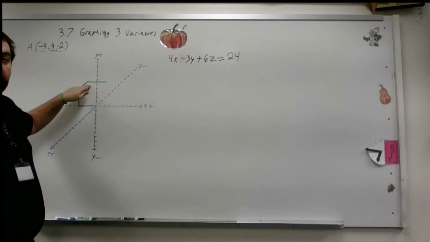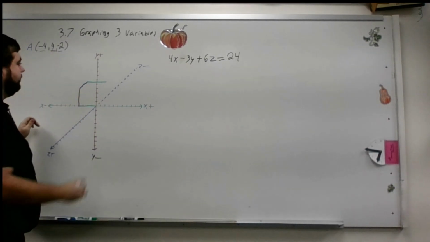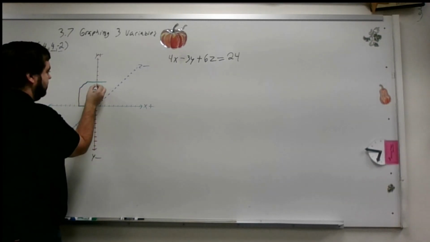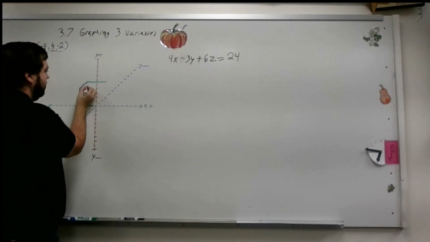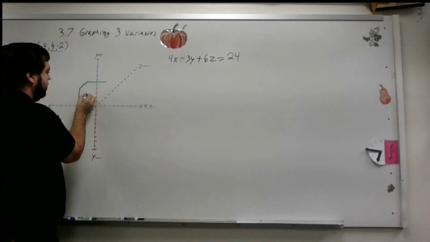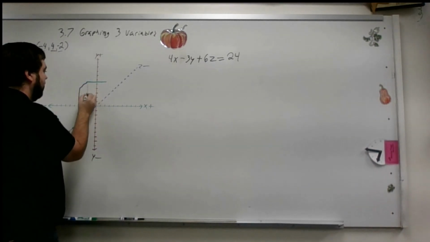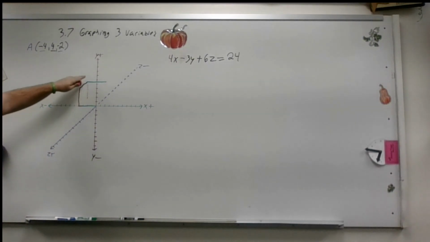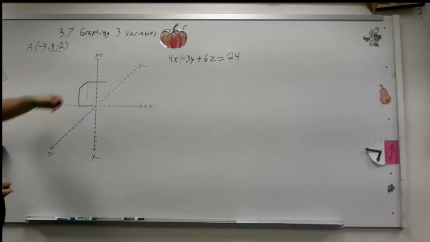Now, for my y, I went up 1, 2, 3, 4, so I'm going to go down, about in between 5 and 6. We're going to go down 1, 2, 3, 4, parallel to the y-axis. Now this corner has a z, an x, and a y.